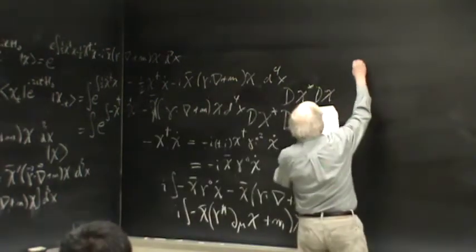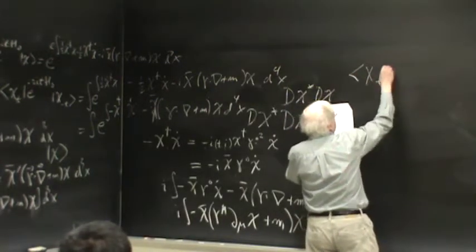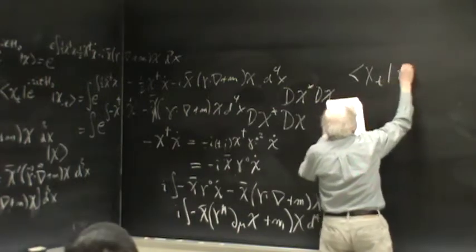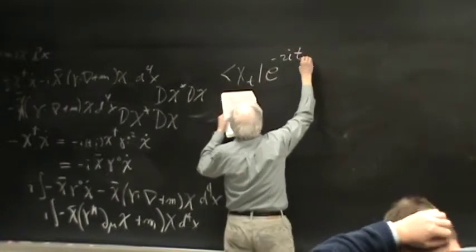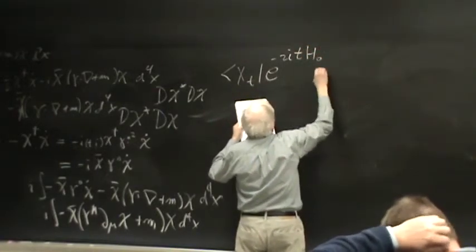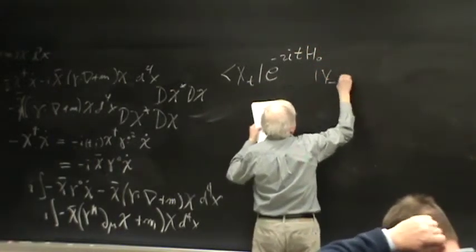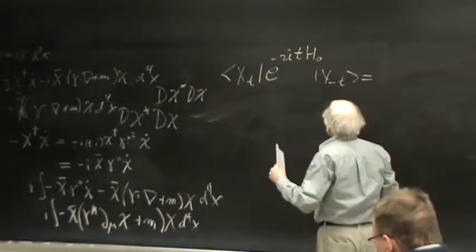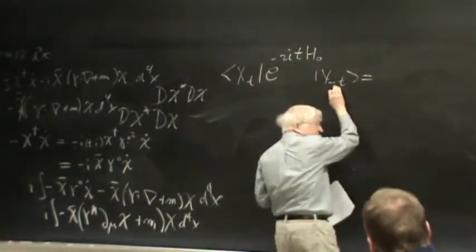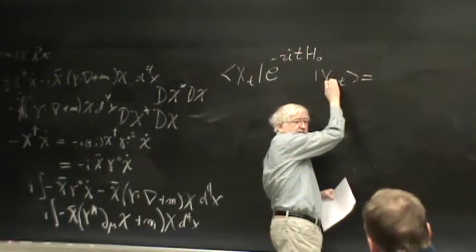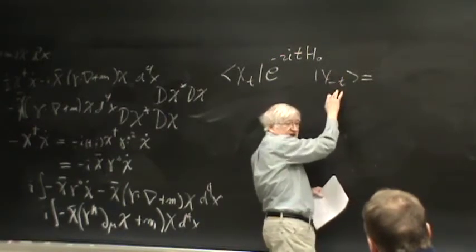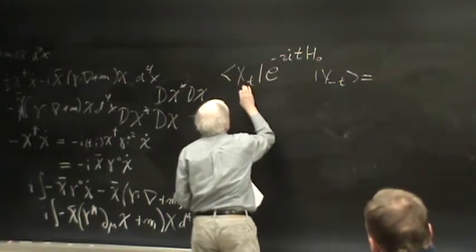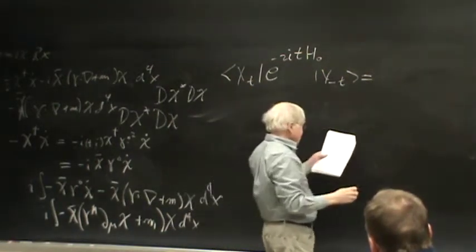action. So in other words, what we have then is chi at a later time, e to the minus 2I, huge time here, H0 Dirac, chi minus t. And these guys are just labeled. So this is just a particular coherent state labeled by a function chi minus t, and this is another coherent state labeled by chi t.